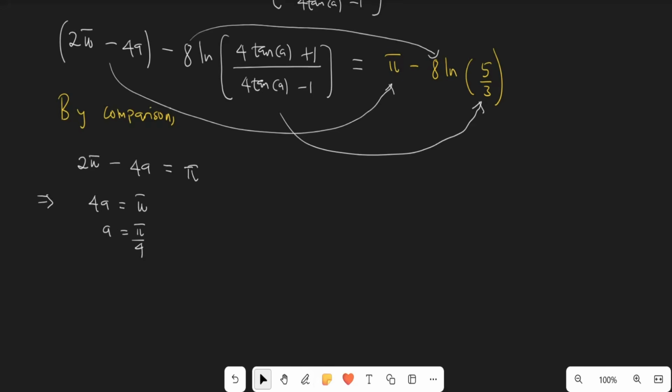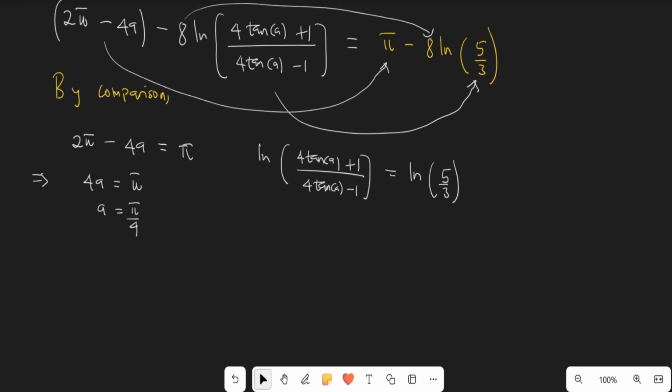Now if we do the comparison for the second one, 8 is equal to 8. So that means that the ln of (4 times the tangent of a plus 1) all over (4 times the tangent of a minus 1) is equal to the ln of 5 over 3. Now how can we solve for a here?